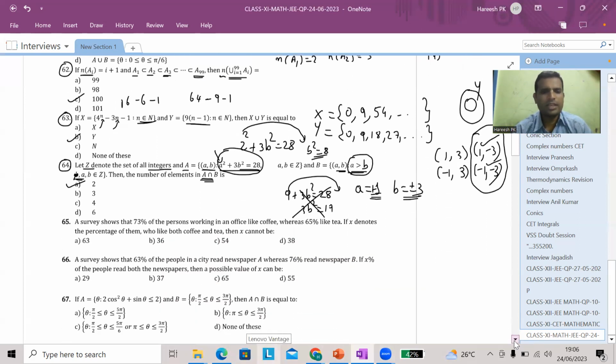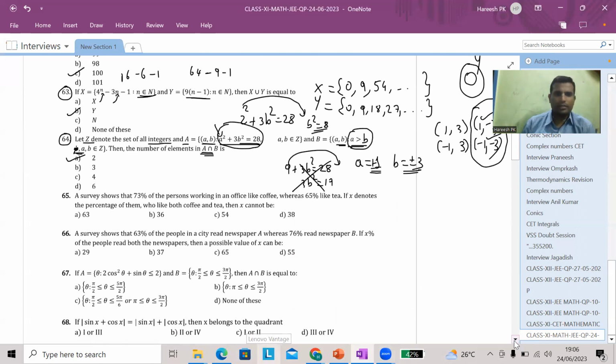Next is again a previous year JEE question. In a survey, 73% of people like coffee, 65% like tea. And they're saying X denotes percentage who like both coffee and tea.